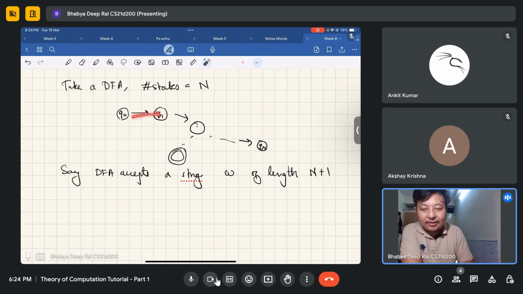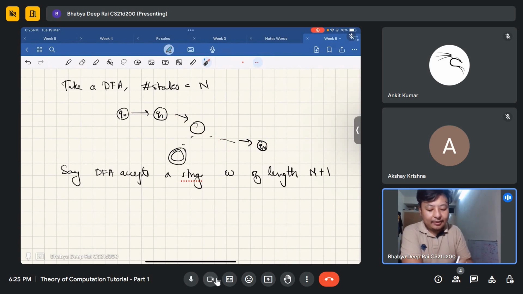On every symbol, I'm visiting exactly one state. On one symbol, I'm visiting one state. Another symbol, I'm visiting another state. And another symbol, I'm visiting another state. On every symbol, I'm visiting some state.